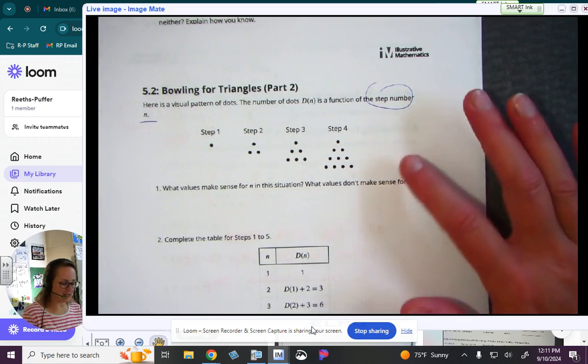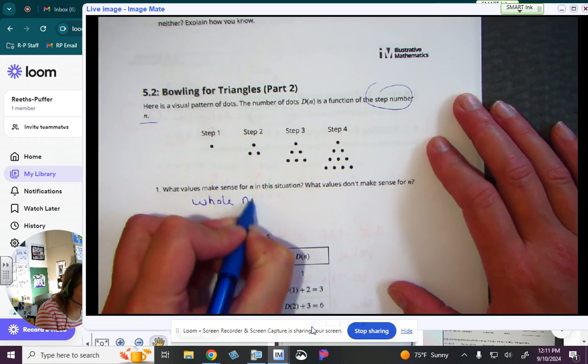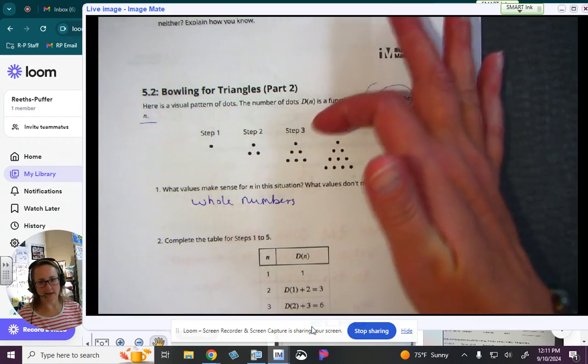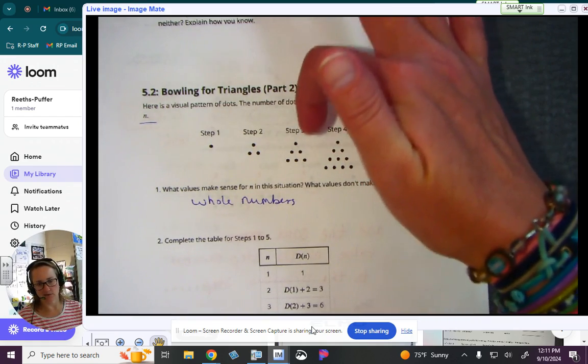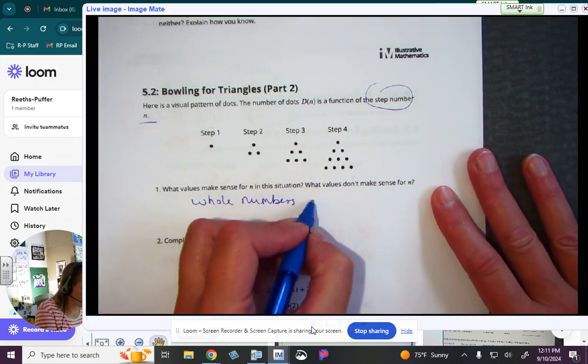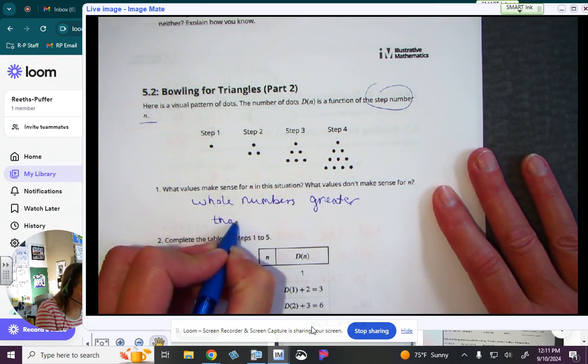Our value for n would only be whole numbers. Decimals don't make sense here. I can't add like a half a step between 3 and 4. I don't know what that would look like. That's weird. So whole numbers greater than 1.